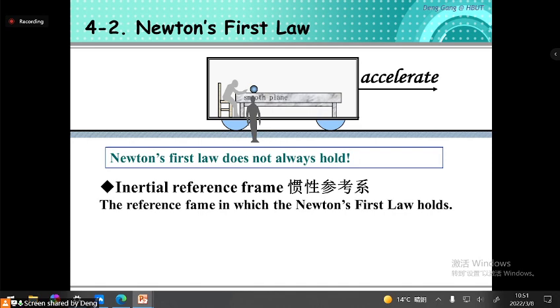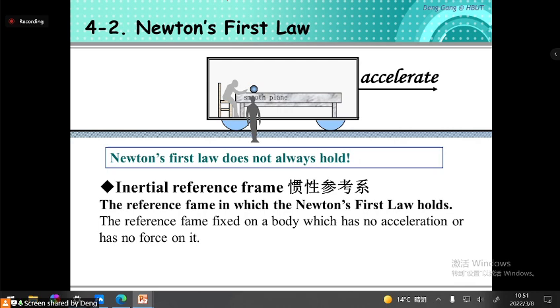So that means in different reference frames, Newton's first law will not always hold. It holds only in an inertial reference frame. The reference frame in which Newton's first law holds is called an inertial reference frame.